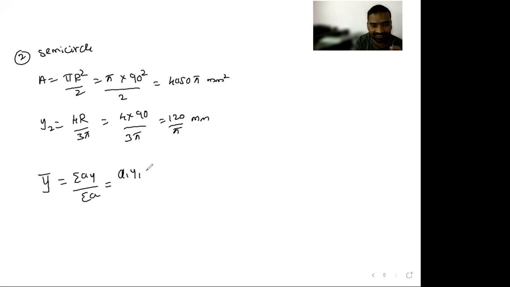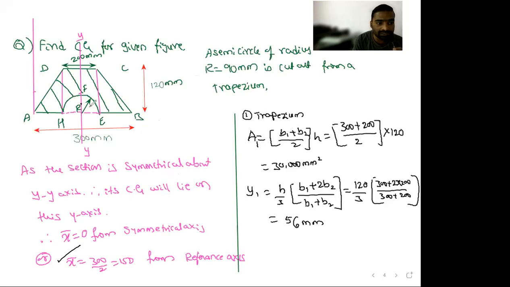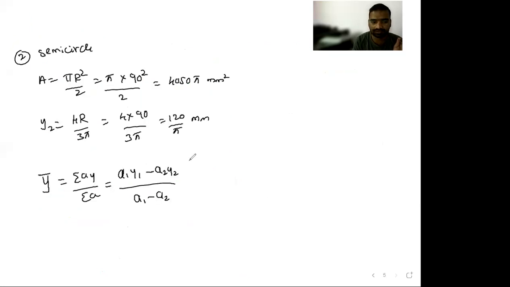Minus. Minus a2 y2 divided by a1 minus a2. Understood? Why I have taken minus? Because in the figure, this semicircle is removed. That is why we take minus. Understood, everyone?